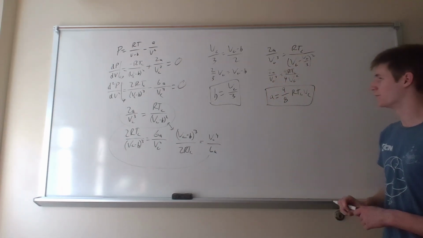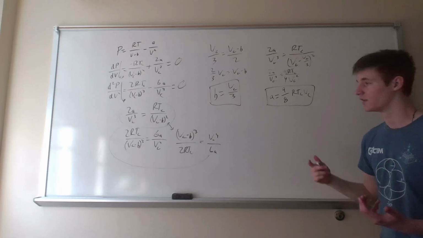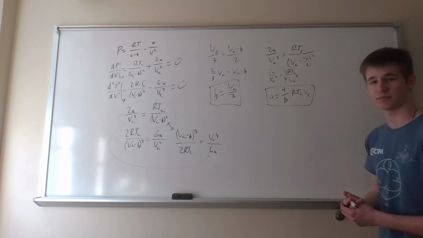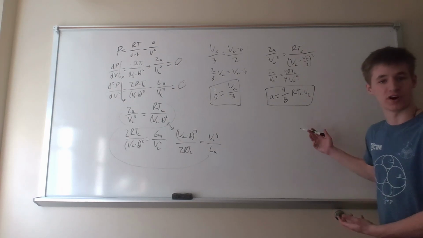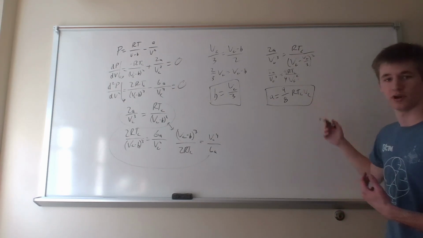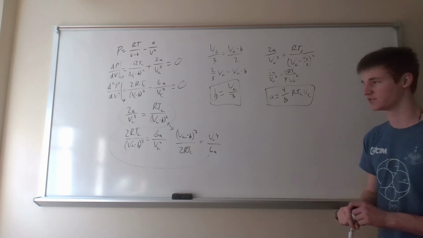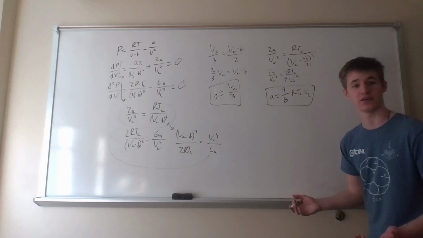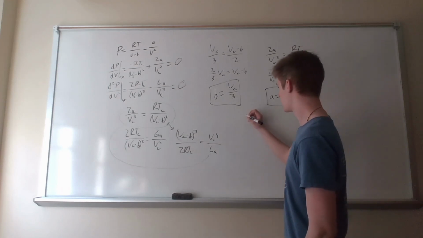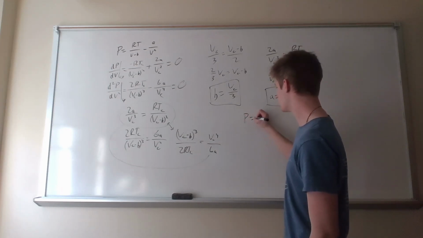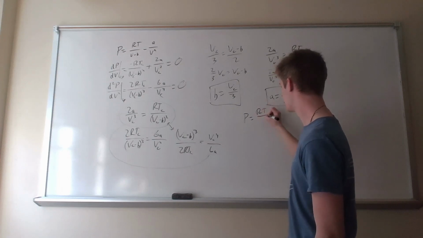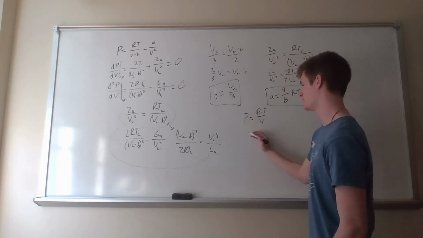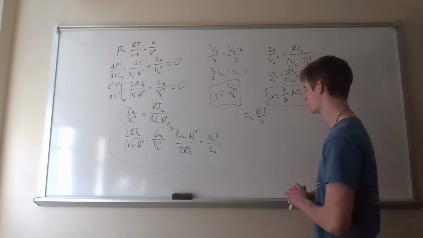Now, if we want to find these at a critical pressure and a critical temperature instead of a critical volume, which is much harder to measure, I should say, we can use the ideal gas law, which says P equals RT over V, because we are using 1 mole and we just divide by V on both sides.